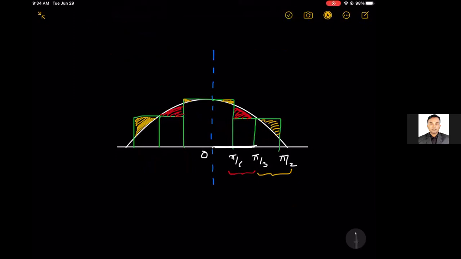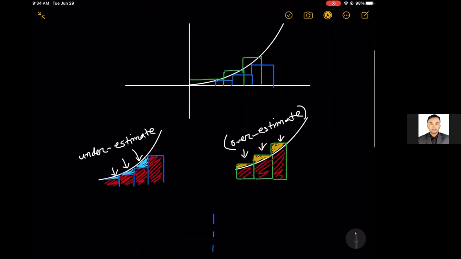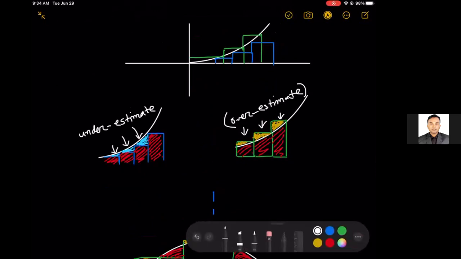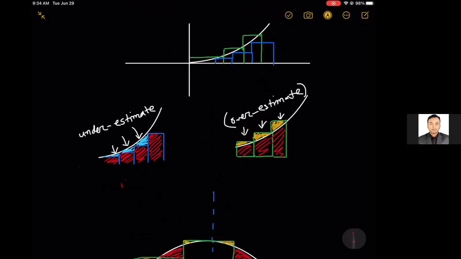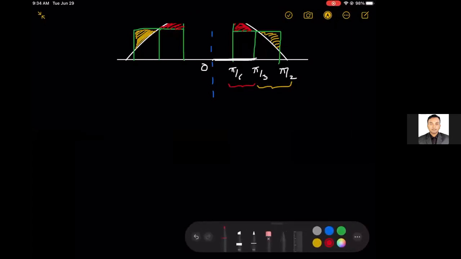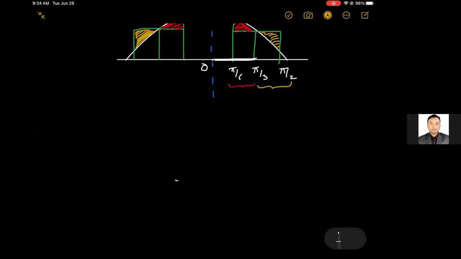Okay, so I've already showed you these 2 scenarios, right? Scenario 1, scenario 2. But I can show you one more. Let's see, you have this.